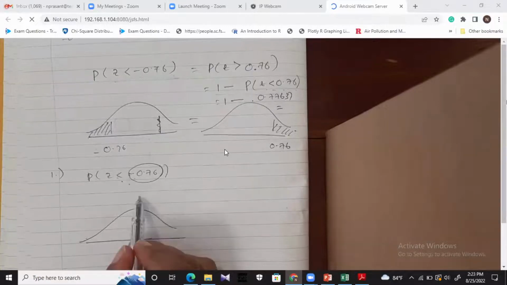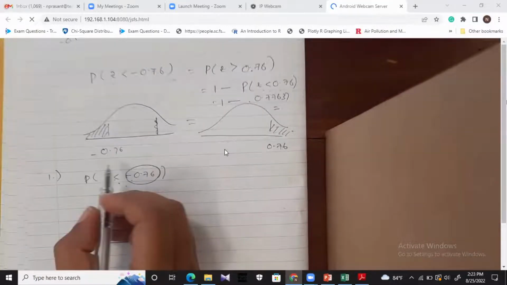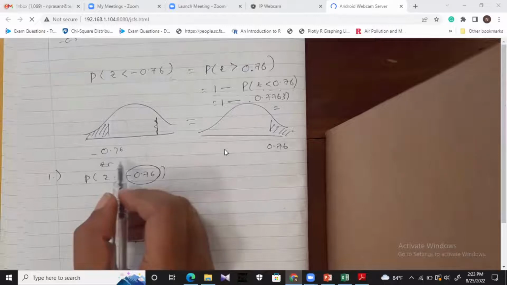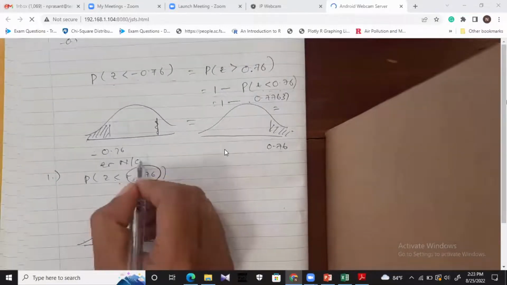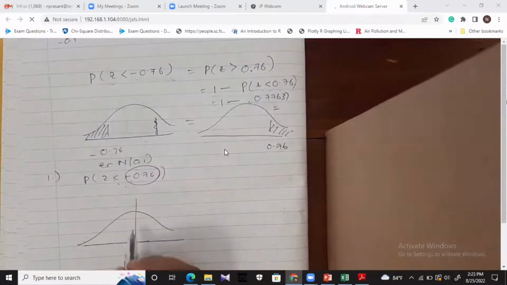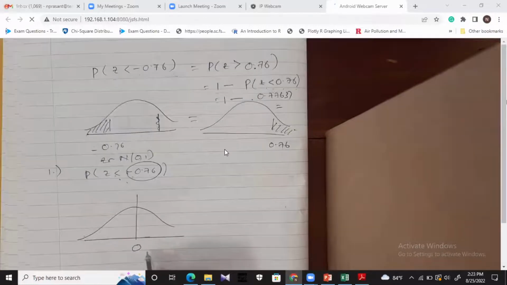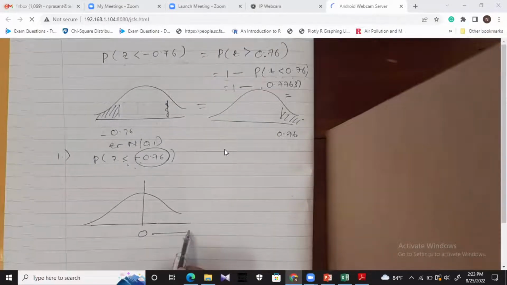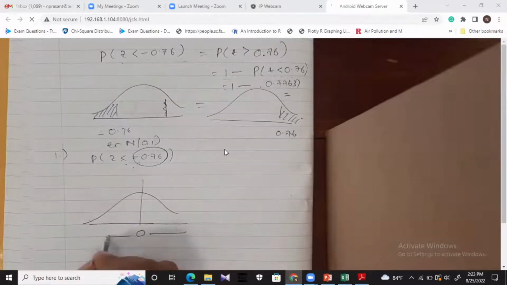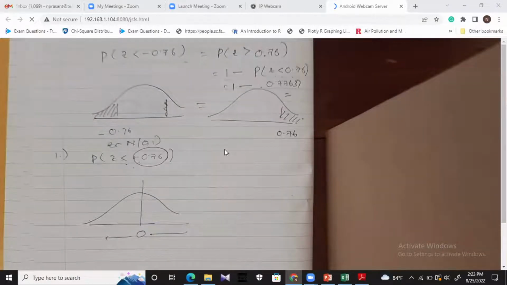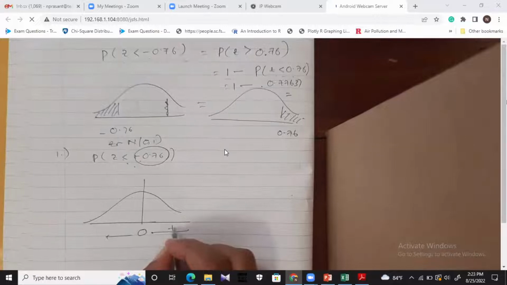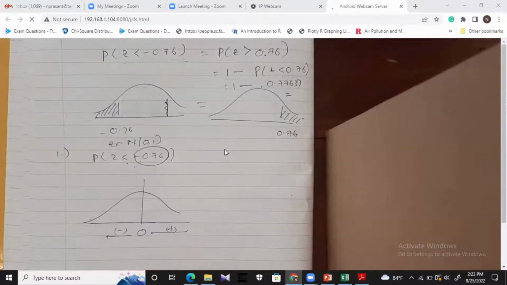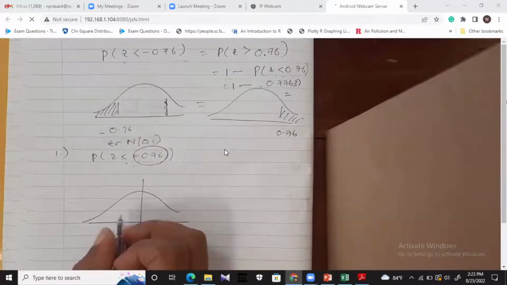You know, Z is defined as a standard normal random variable, which is normally distributed with mean 0 and variance 1, which means the curve is symmetric about its mean. On your right, you will have positive values. On your left, you will have negative values. Now, minus 0.76 should lie somewhere here.